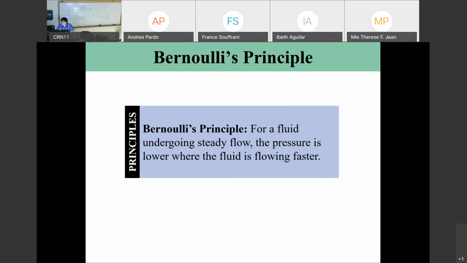So that's using the Bernoulli principle. How come? Because when you pump, it's like when you are using a straw. You are applying a pressure difference, and that's the key in Bernoulli's principle. As it says there, the pressure is lower where the fluid is flowing faster.